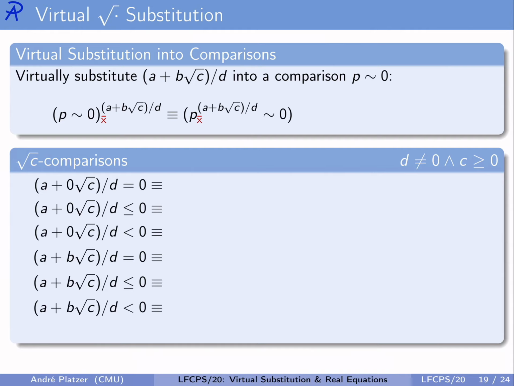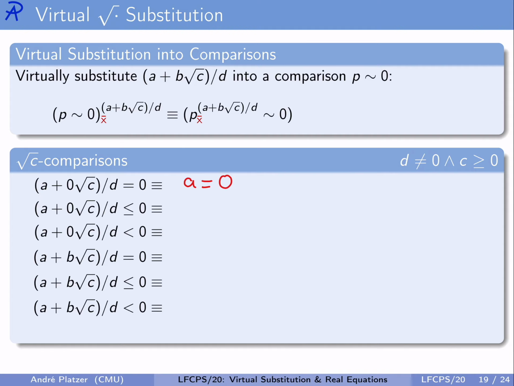If the result of that is, for example, of the shape a plus 0 square root c over d, so in other words, it's just a division a divided by d, and we would like to compare that to 0 without mentioning the division, how can we do that? Well, a divided by d equals 0, of course, that's true if and only if a is 0, right?